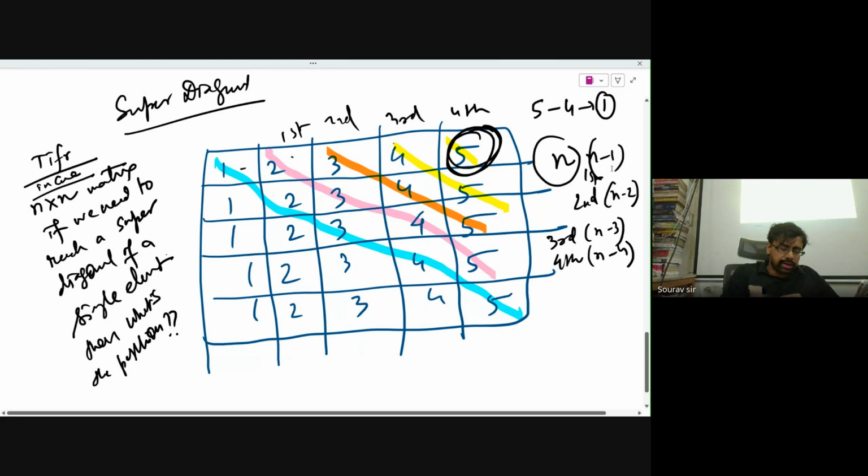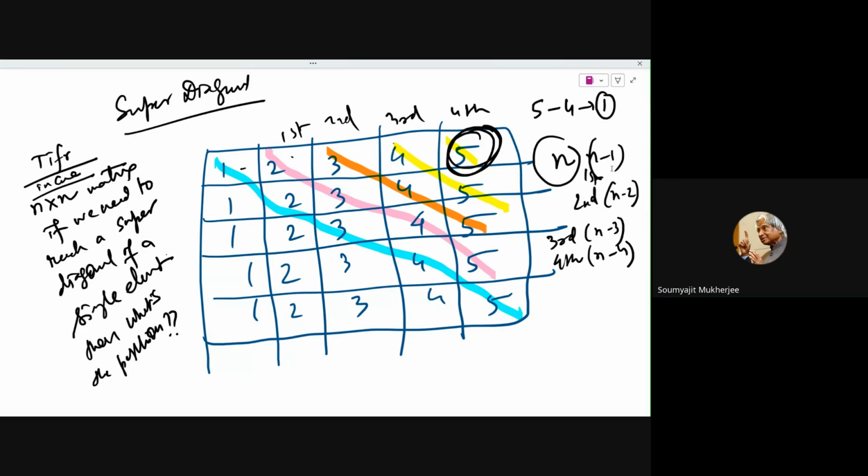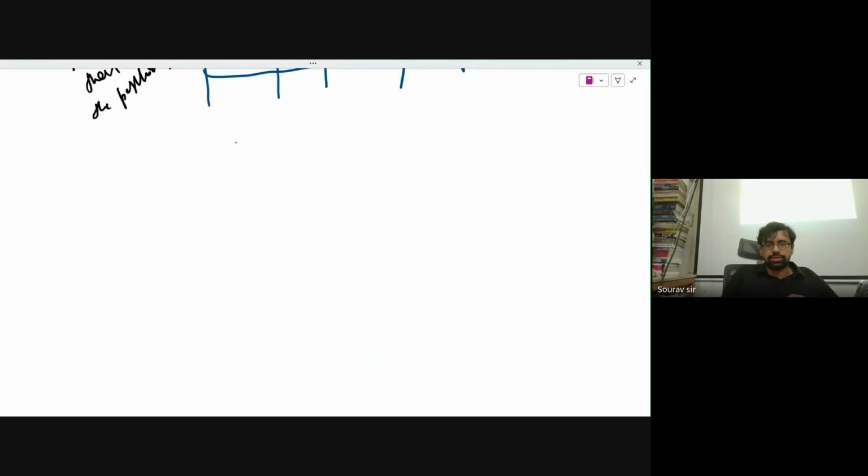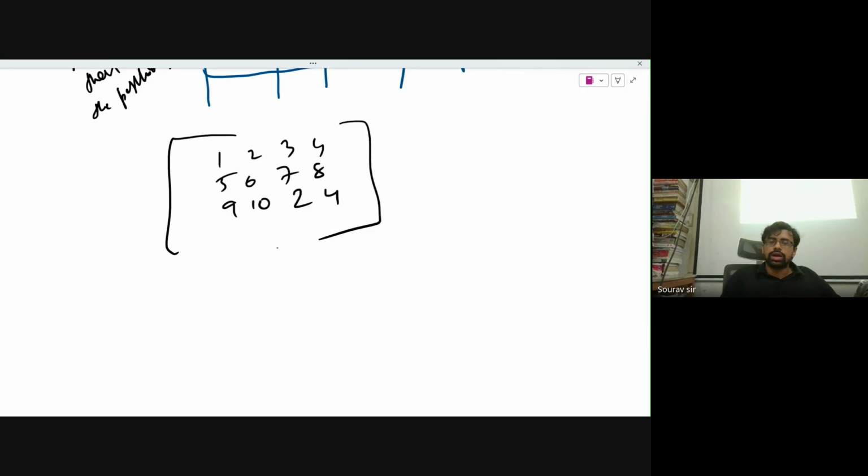Now the biggest thing is that another confusion. Is it possible to have a diagonal in case of a non-square matrix? No, sir. जैसे मान लो मेरे पास एक ऐसा मैट्रिक्स, can I get a diagonal?